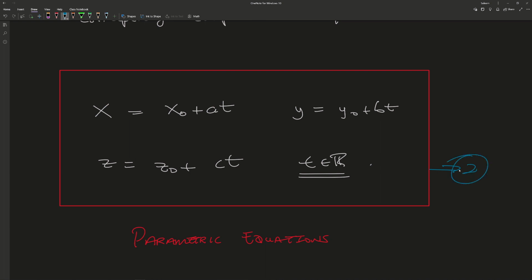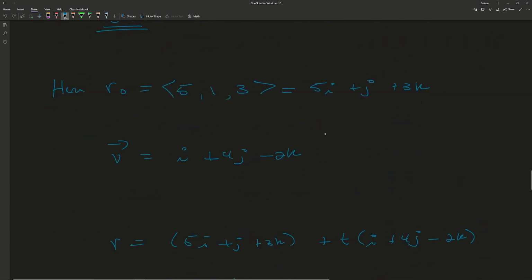If none of these a, b, and c is 0, then we can solve each of these equations for t, because t is consistent throughout all these equations, and t is the parameter that stays the same.